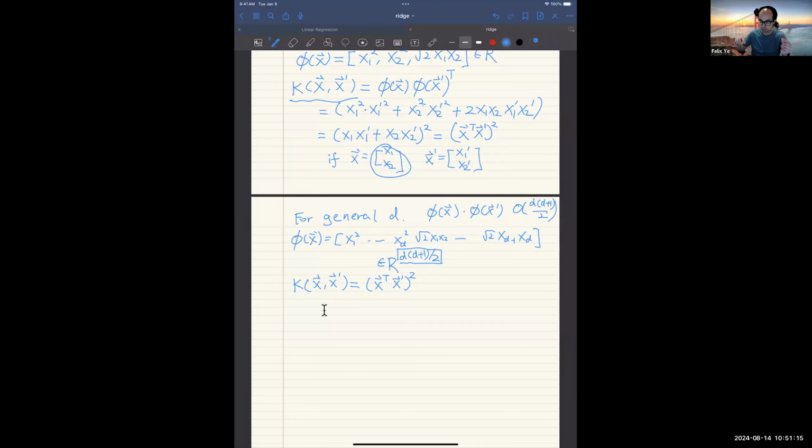So that actually is quite expensive. But if we simply use this formula right here, this is an inner product between x and x prime, so this is just order of d.